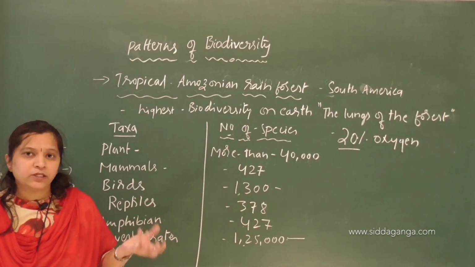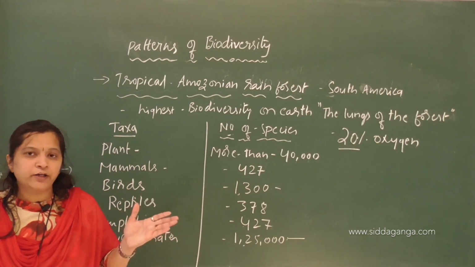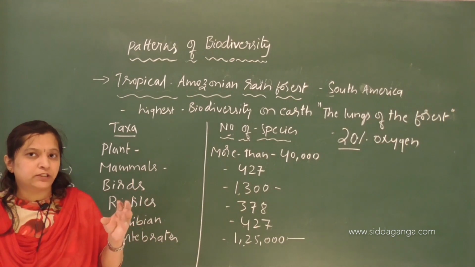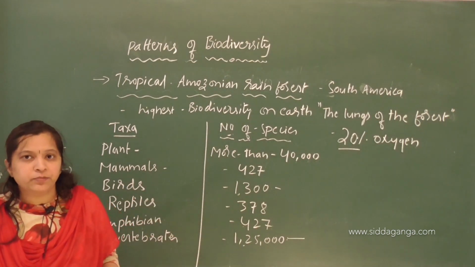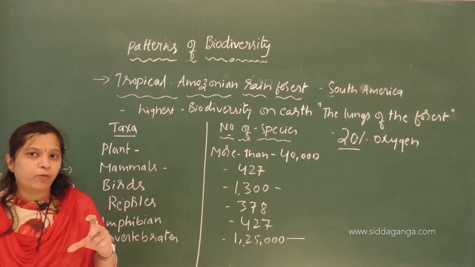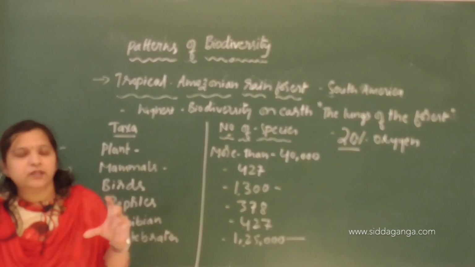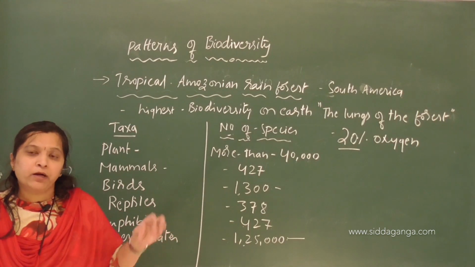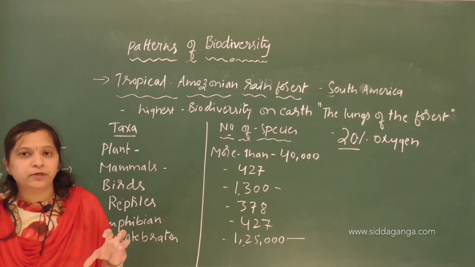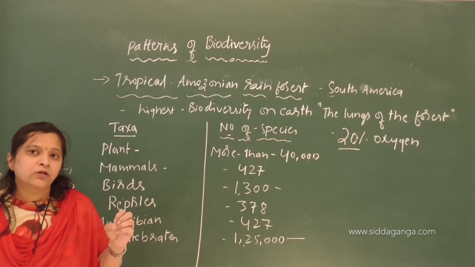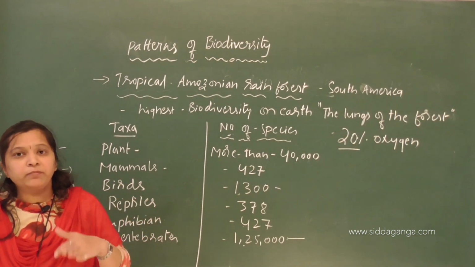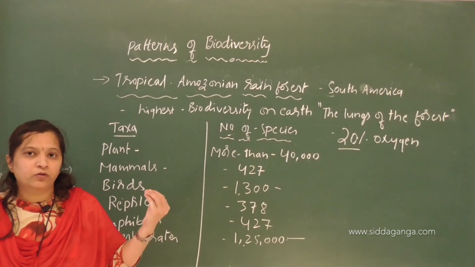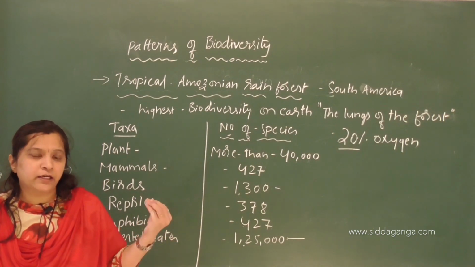According to some scientists, the total number of global species is between 5 to 50 million species, and according to Robert May, the number is 7 million. But according to the latest estimation, the number is 8.7 million.